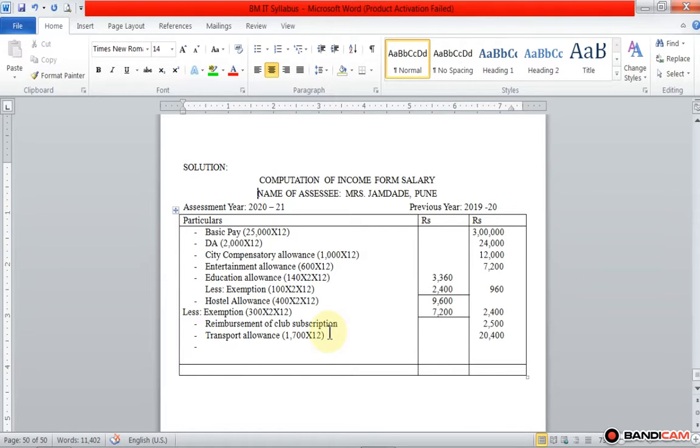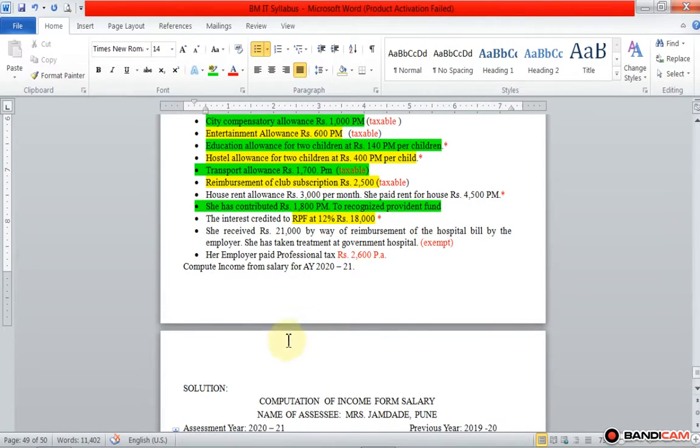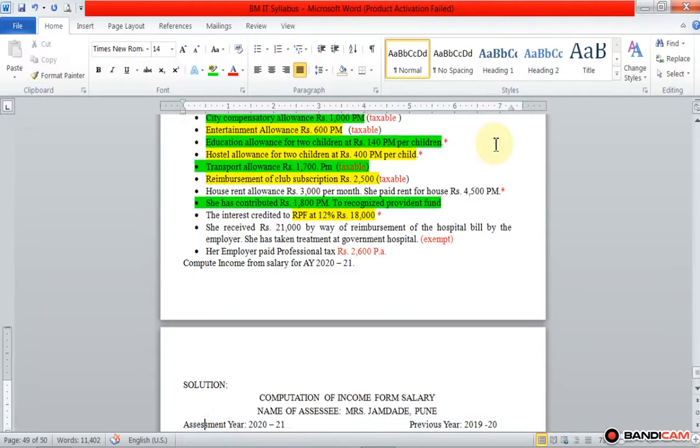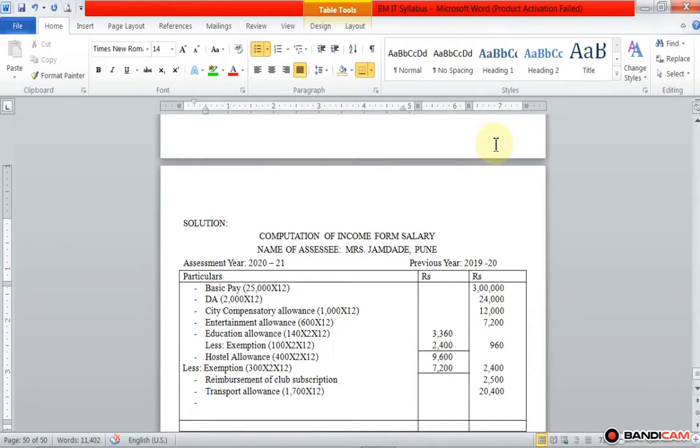Then next is HRA. First of all we have to compute the exempted HRA. House rent allowance received amounted to rupees 3,000 per month multiplied by 12.